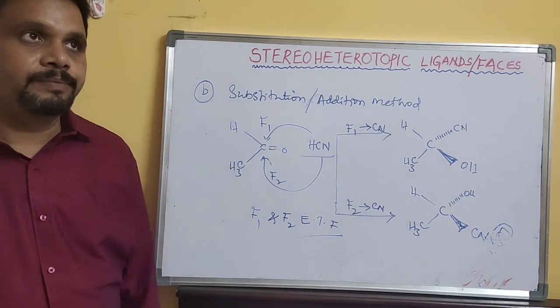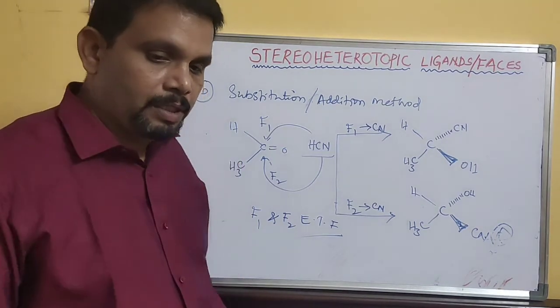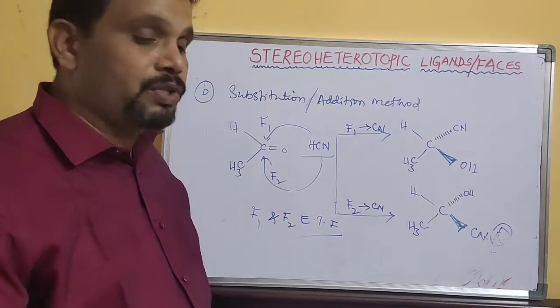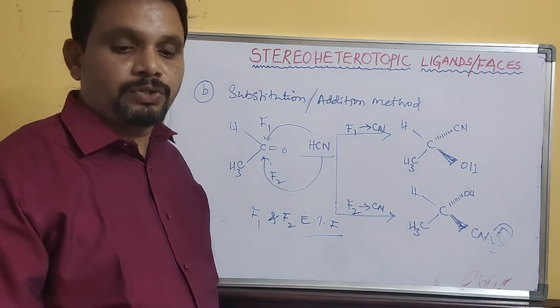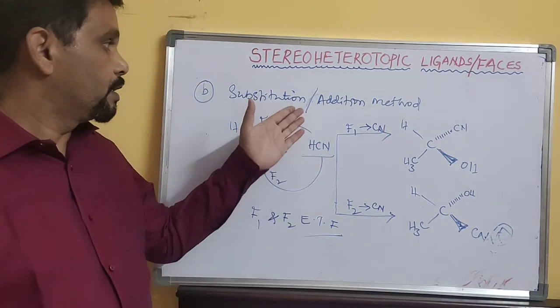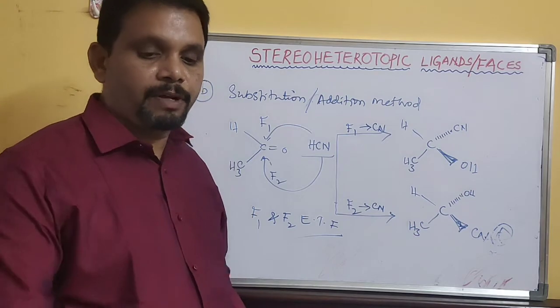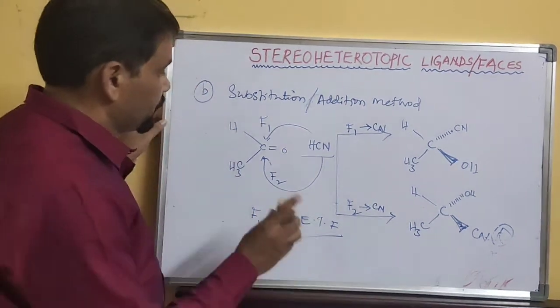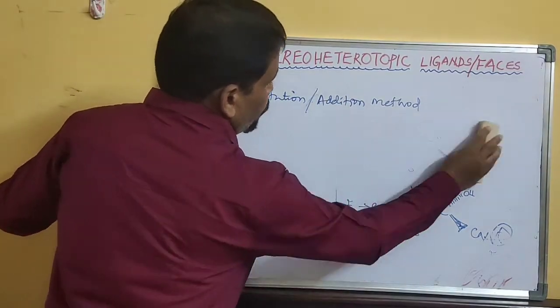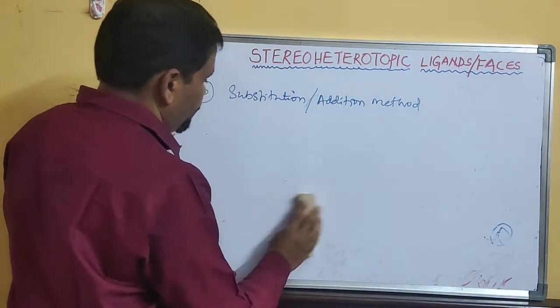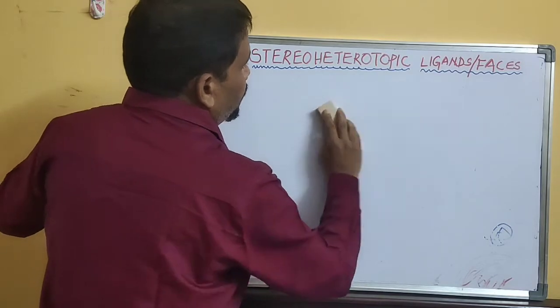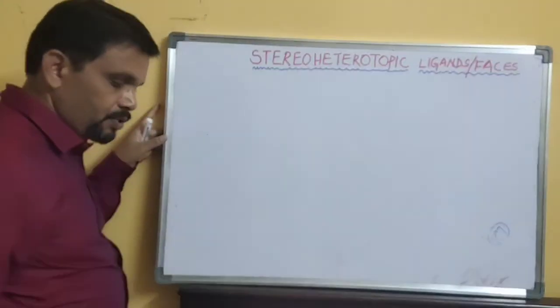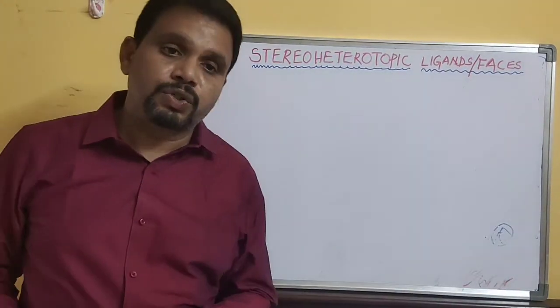You understand? So this is about the substitution or addition criteria, the second criteria by which you can understand enantiotopic ligands. I hope with these examples you understand about enantiotopic ligands.